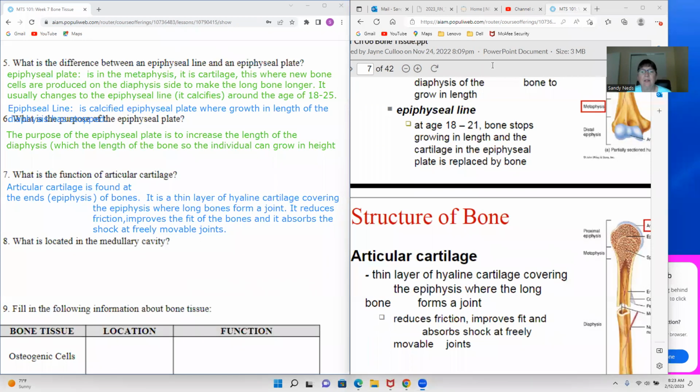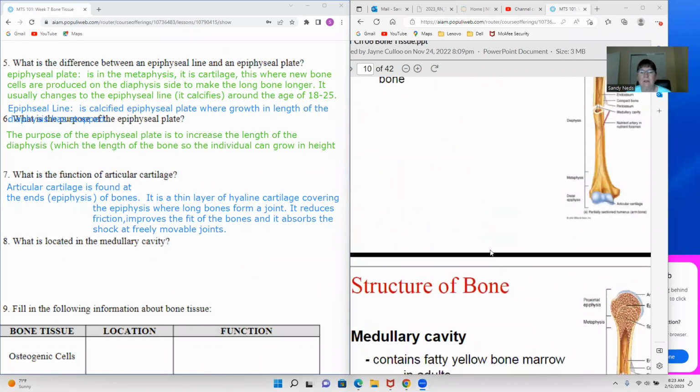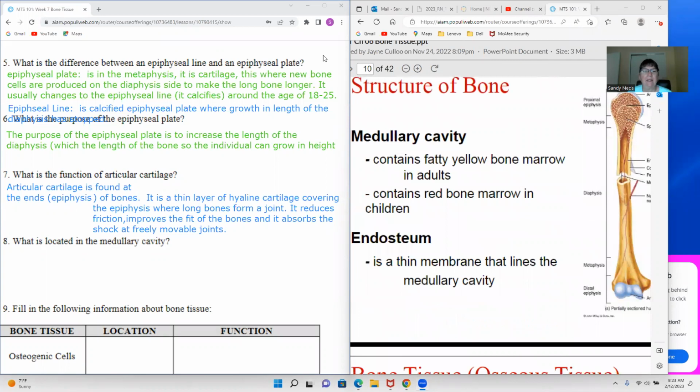That then takes us to the medullary cavity. So we'll go down past the periosteum and we'll go to the medullary cavity. And we didn't do medullary cavity before in a color. So I'm just going to make it black. So let me change the color to black and let's put that in there. Medullary cavity is found in the diaphysis of a bone.